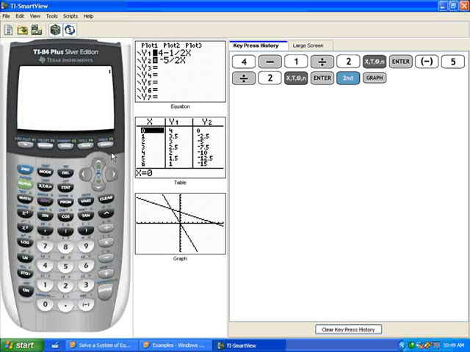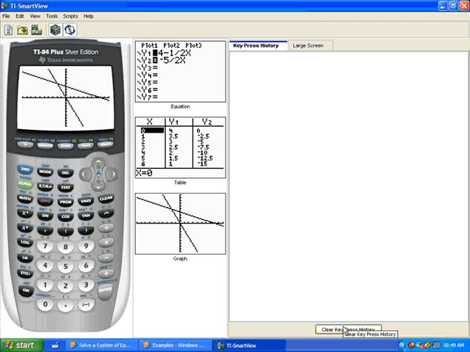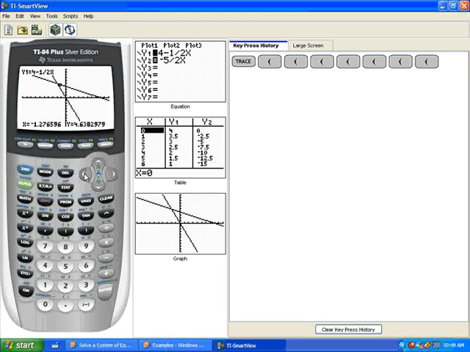Therefore, I can expect that I will have a point of intersection. When I look at the graph, I see that that is the case. So let's go through this process again. We will hit trace, this time going to the left to look for that point of intersection. It looks to be around negative 2, positive 5 perhaps.